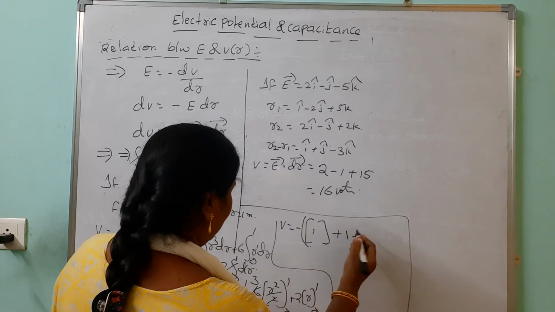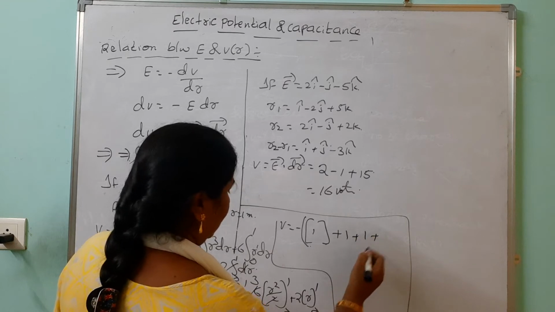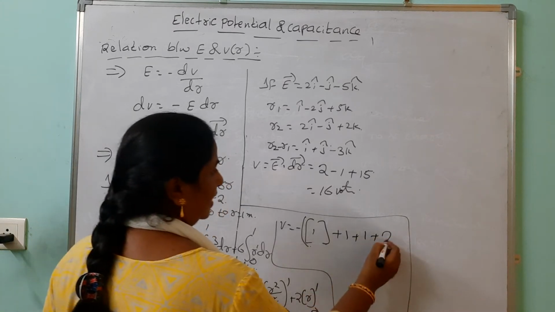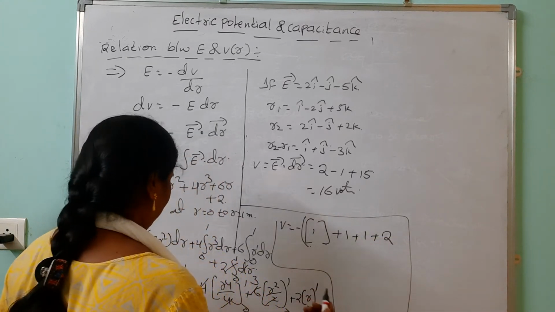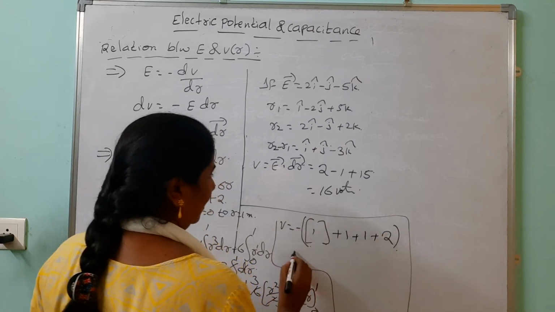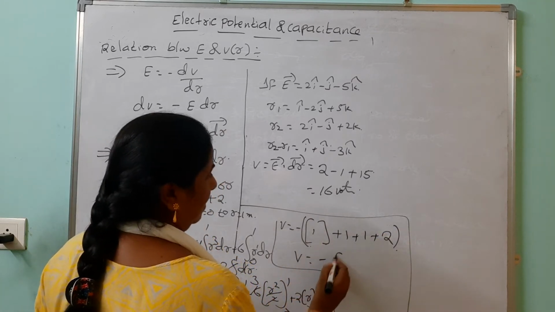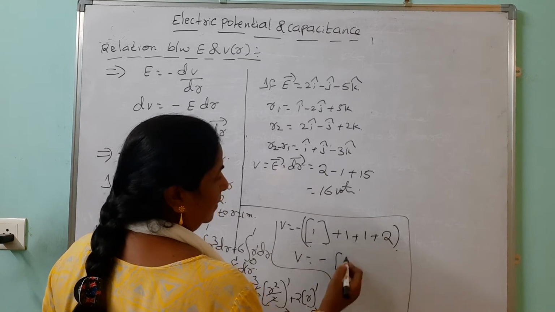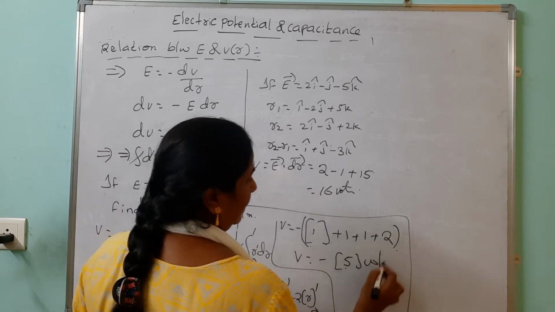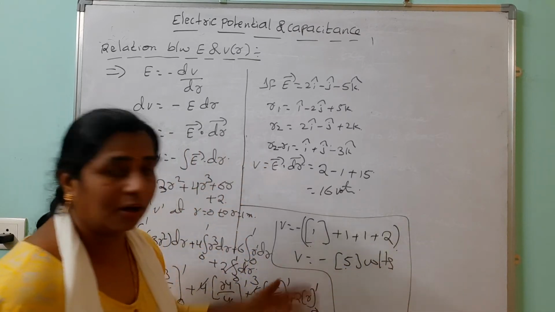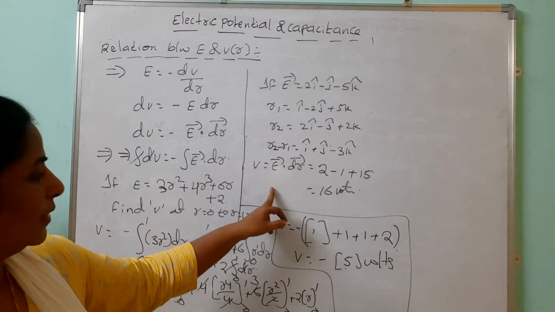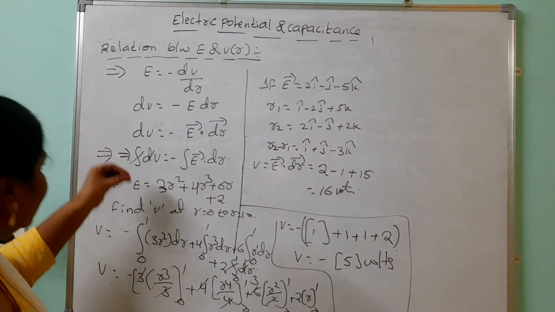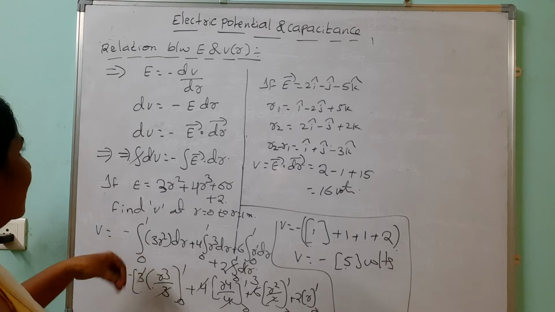Plus R square, also 1 only. Plus 2 into 1, 2. So the electric potential we get is minus, 3 plus 2, 5 volts. Like that, with the help of the dot product we can find the electric potential, and with the help of integration also.